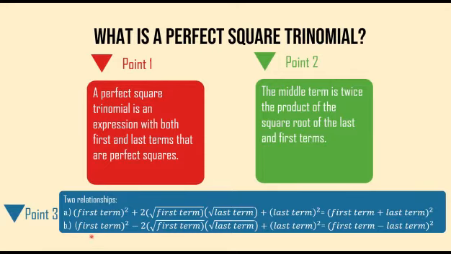The second relationship is this one. First term squared minus 2 times the square root of the first term multiplied by the square root of the last term, plus last term squared, is equal to the quantity of first term minus last term, squared.